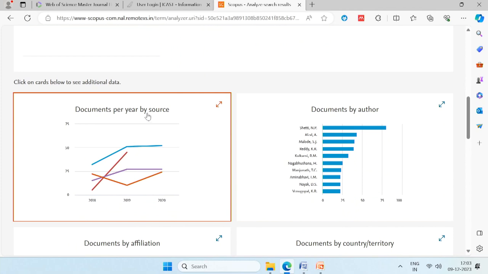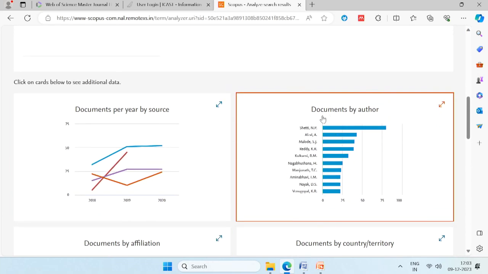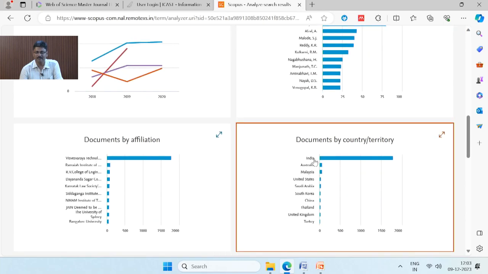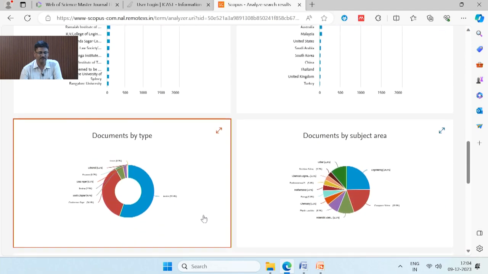These are documents per year by source. These are the most productive authors, the top 10 authors who have published papers. Shetty NP has published more than 75 papers. Then international collaboration and institutional collaboration: Visvesvaraya Technological University, Ramaiah Institute, RV College, Dayananda Sagar have collaborative research.